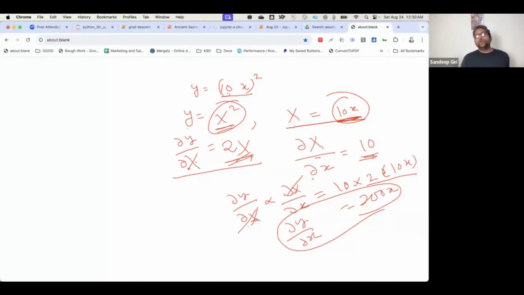Yeah. So if you can break down your formula into something that you already know the formula for, we know y equal to x square's first derivative, and we know y equal to 10x. So we can just utilize it by using the chain rule.